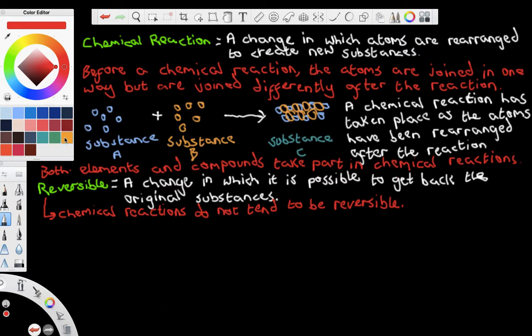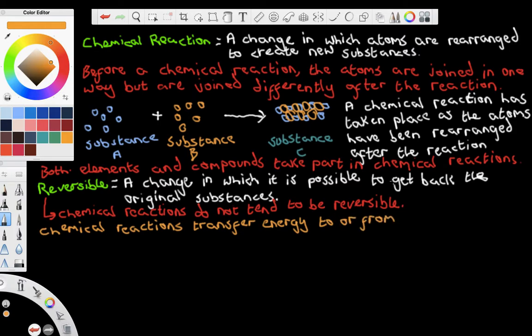Okay, so I'm going to say the chemical reactions transfer energy to or from the surroundings.